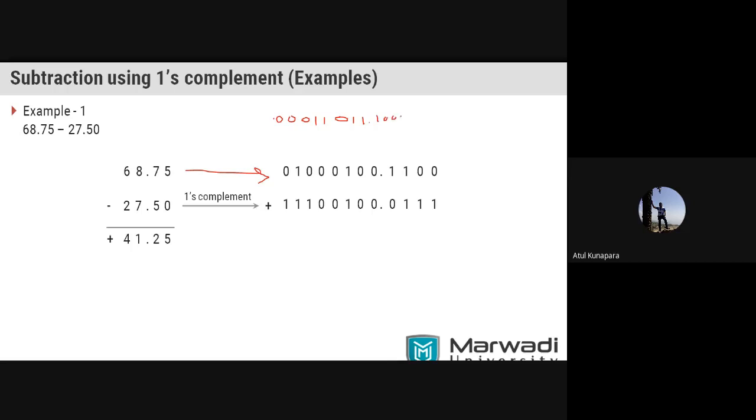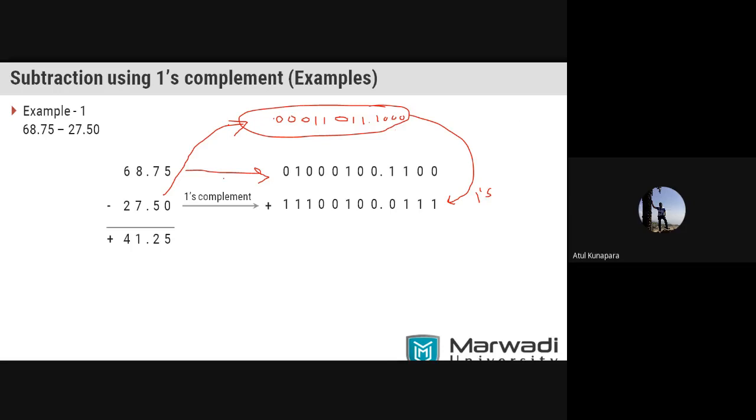This is the binary number of your number 27.50. But here what we have done is we have added its first complement form, because we want to perform the subtraction using the first complement method.